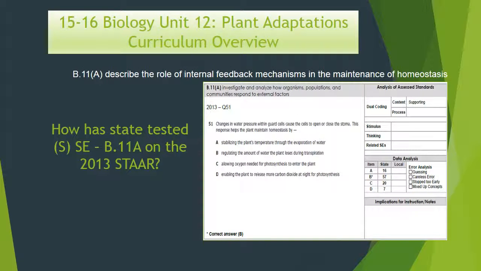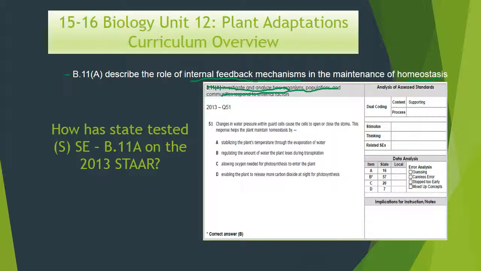Okay, looking at B11A, I just want to make a correction here. This is not B11A. That is an error on the STAAR release exam. The B11A SE, which is a supporting standard, is describe the role of internal feedback mechanisms in the maintenance of homeostasis. So we're looking at internal feedback mechanisms, their role in maintaining homeostasis.